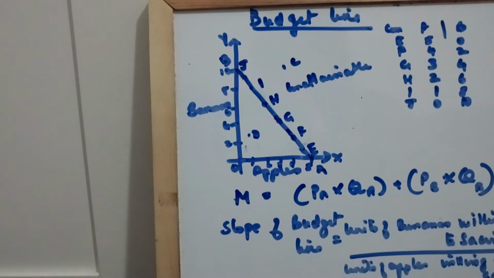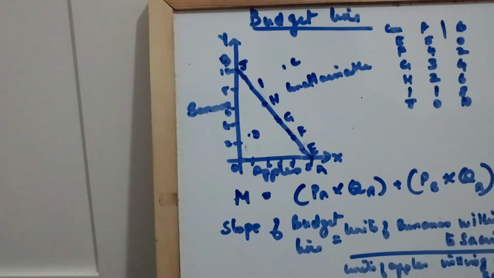For example, if a person has 20 rupees as income and he wants to spend on two commodities X and Y which each cost 10 rupees, he has combinations of buying 2 units of X and 0 Y, or 0 units of X and 2 units of Y, or 1 unit of X and 1 unit of Y.